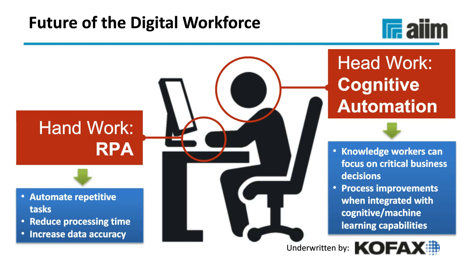So RPA continues to evolve. I mentioned repetitive tasks up to this point, but when you take into account other technologies, some would say AI technologies, artificial intelligence-based technologies around cognitive and machine learning algorithms and capabilities, RPA continues to evolve. It's taking in not just the automation, but also document process and content process-oriented activities within the capabilities of a robot.